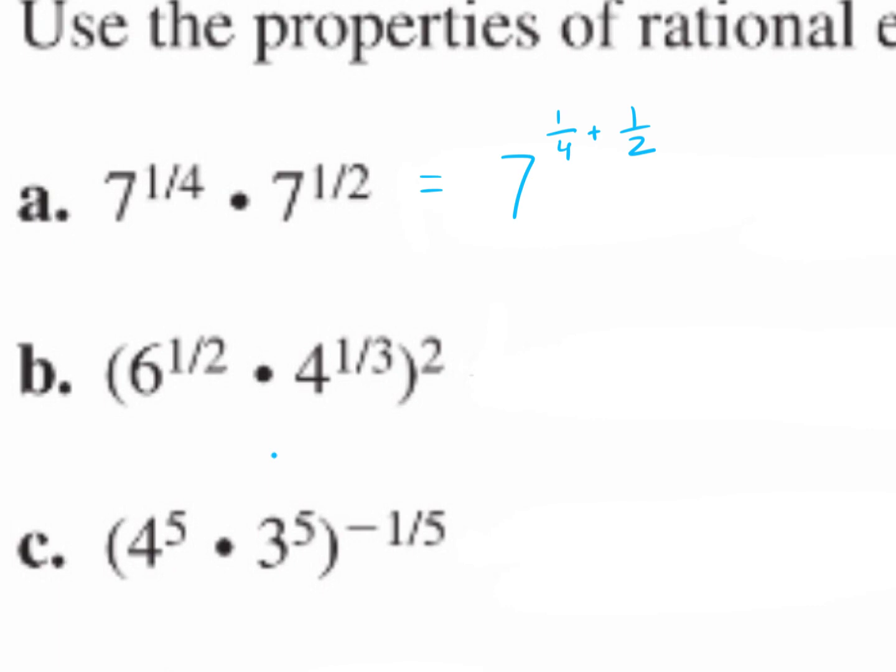Common denominator. How can I make these have a common denominator? Perfect. I can multiply the 1/2 times 2 over 2. So times 2 and times 2. That would make this 2 over 4.